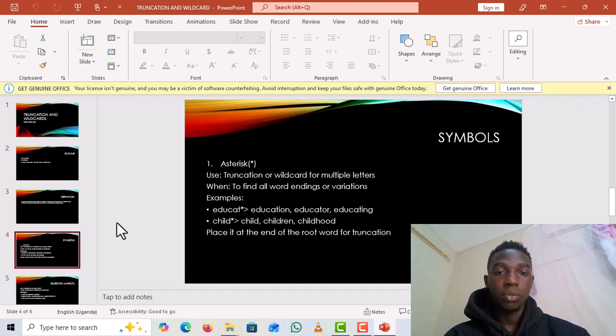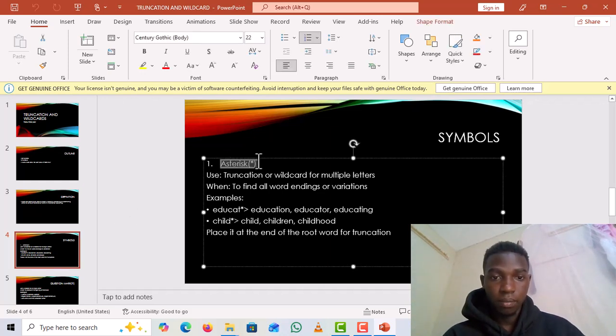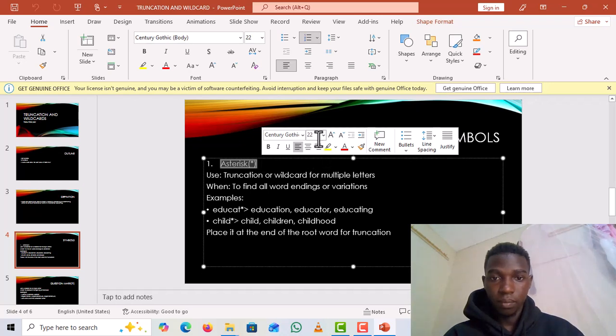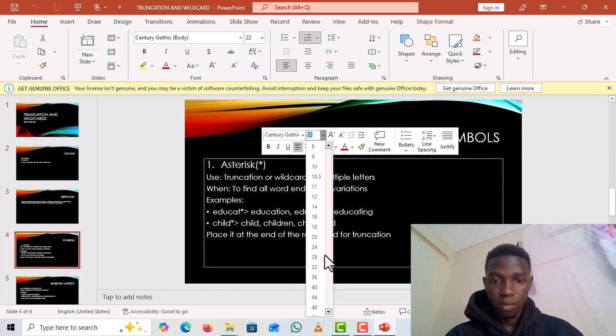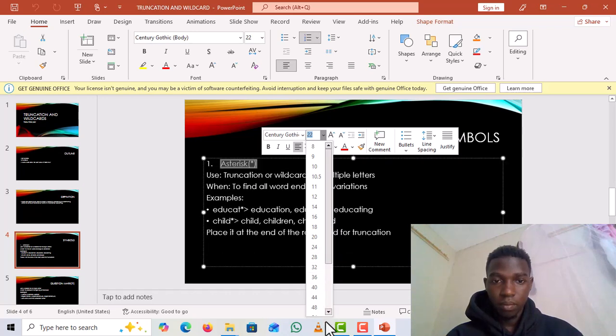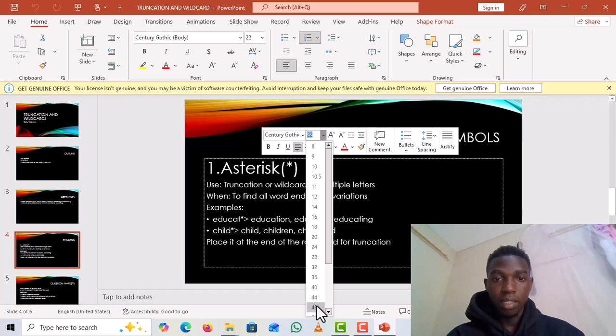For example, this word, let me try to bold it so you see it clearly. At-risk, you see that hash, it means something.